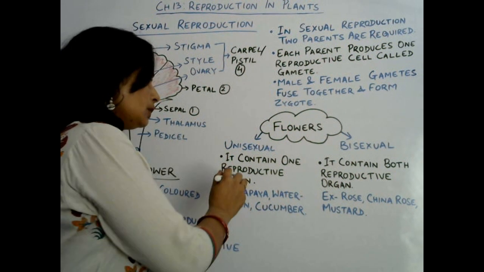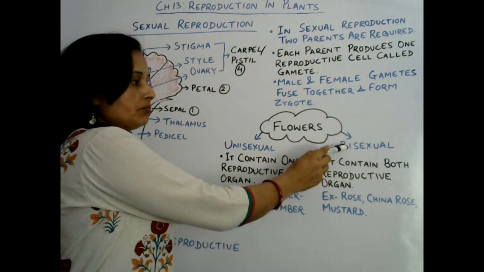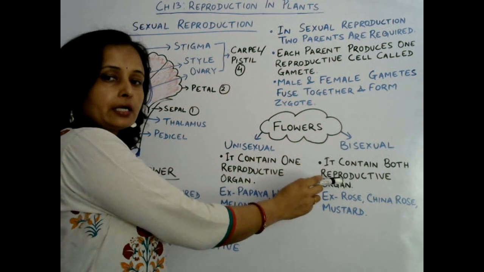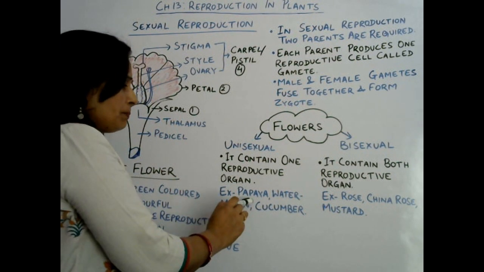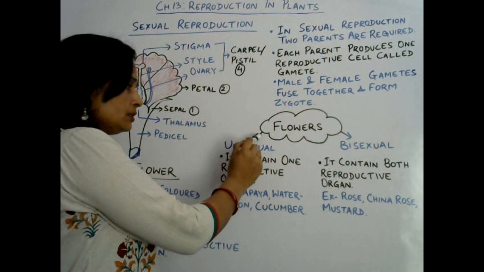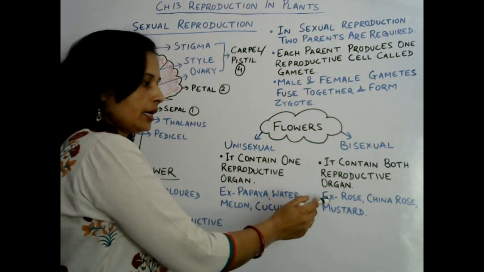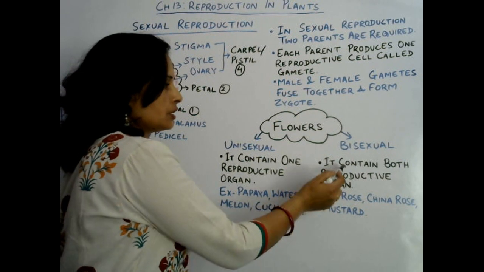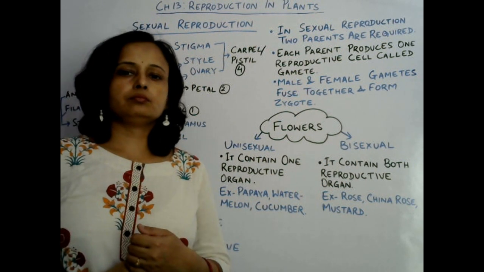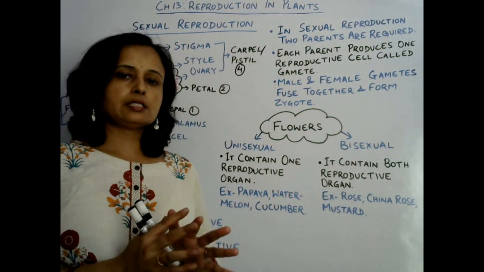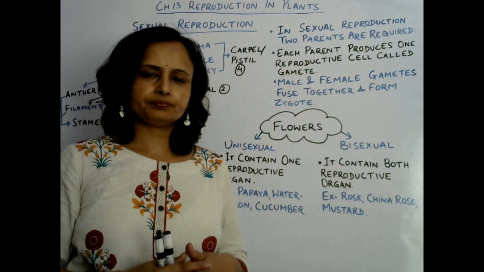The flower which carries only one part is called unisexual, and the flower which carries both parts is called bisexual. Papaya, watermelon and cucumber have unisexual flowers, and rose, china rose and mustard have bisexual flowers.